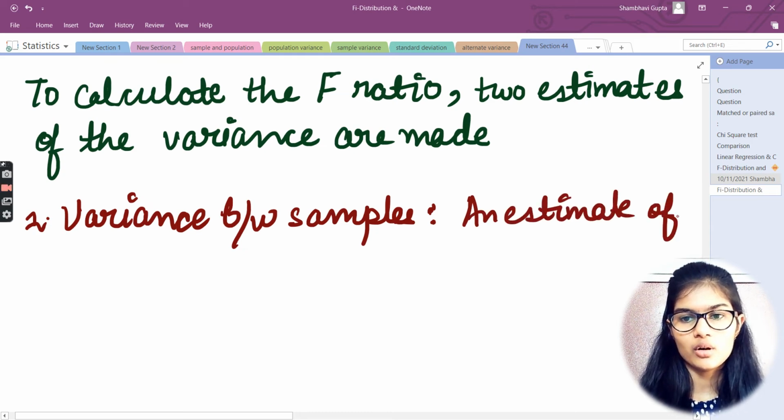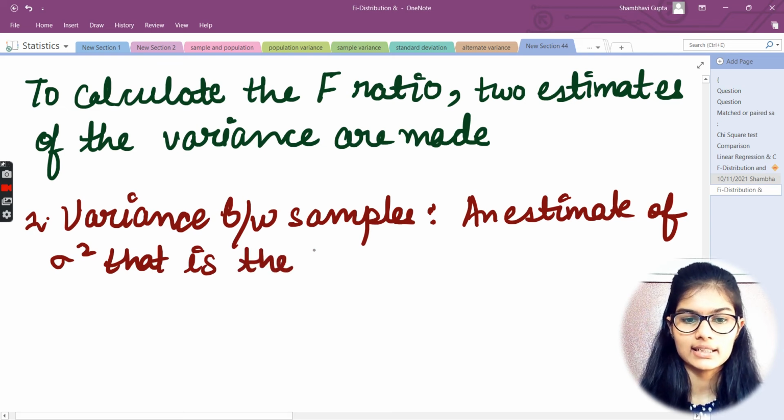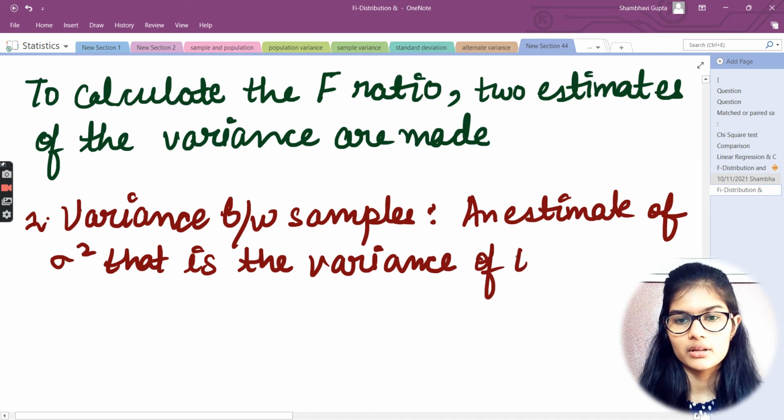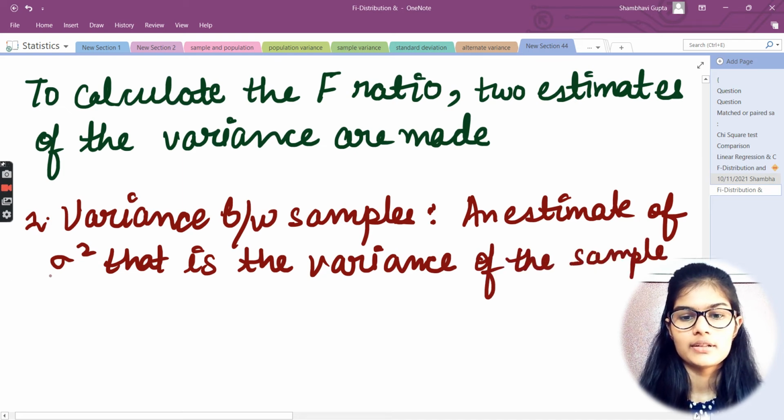It is an estimate of sigma square, that is, basically the variance of the sample means multiplied by n.